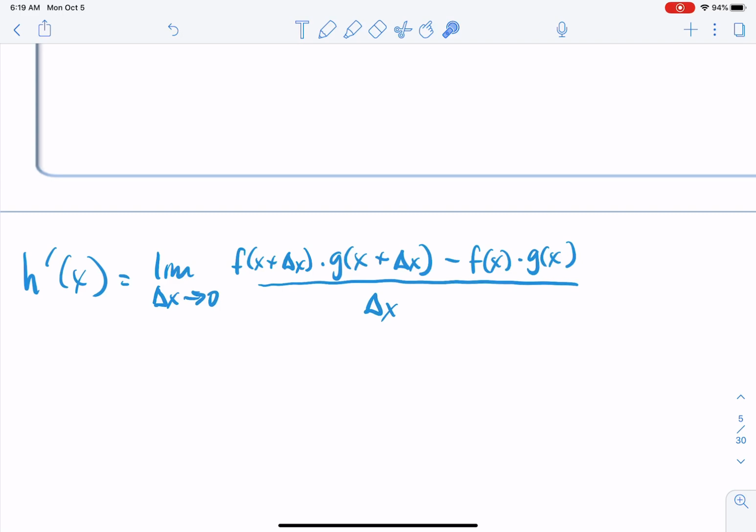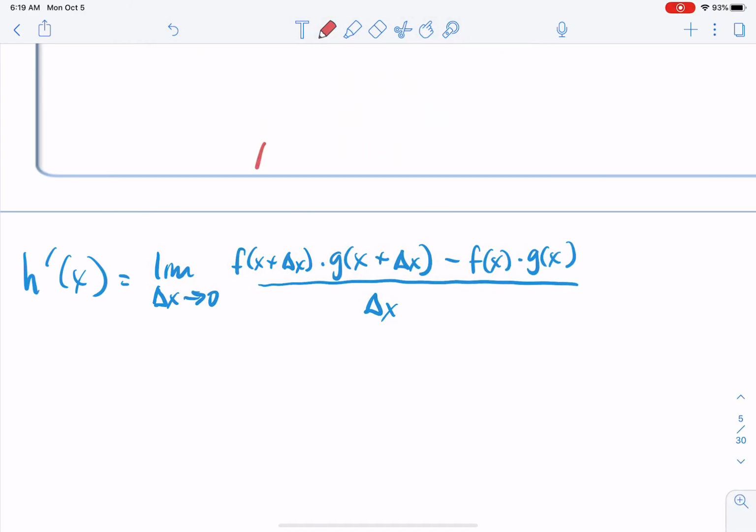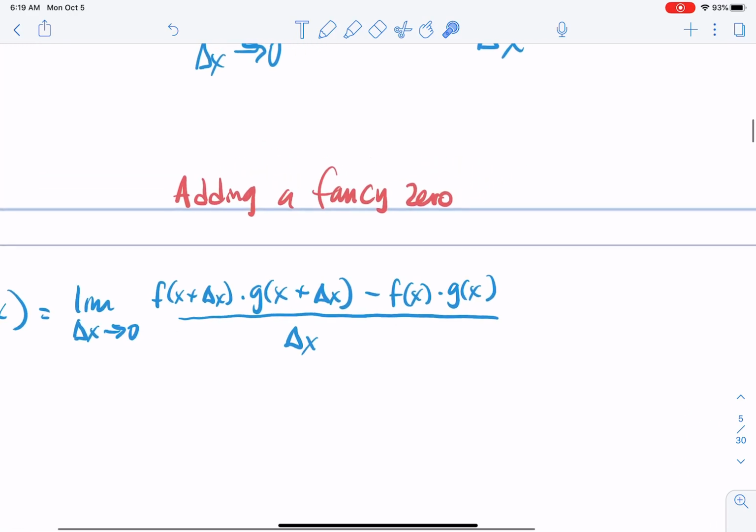So, you know how we can multiply by 1 and not change the function? We usually call it a fancy one, right? So we can rearrange things. Well, we can do a similar thing by adding a fancy 0. I can add anything I want to this quotient as long as I subtract it back out, and then it doesn't affect anything.